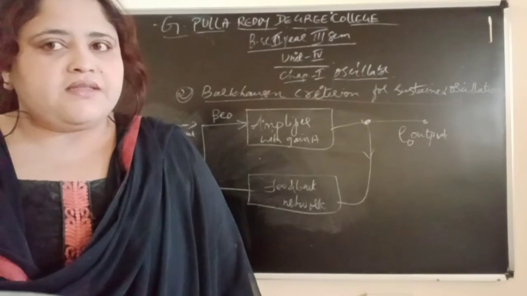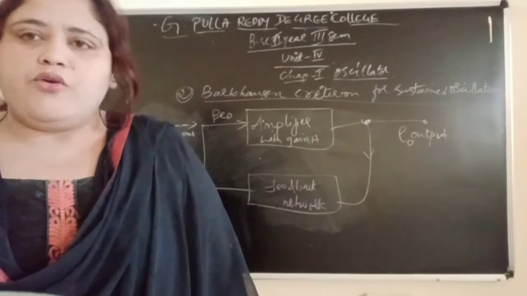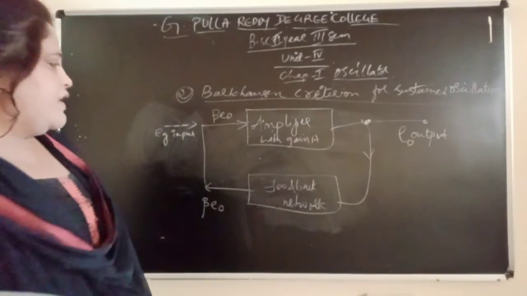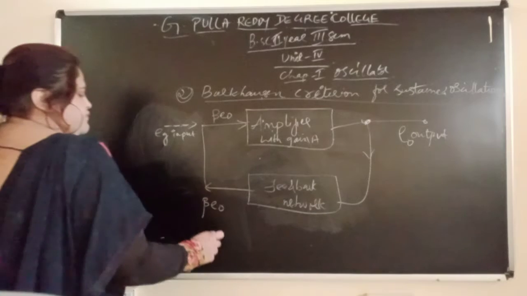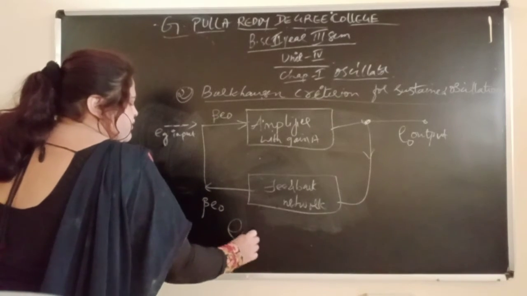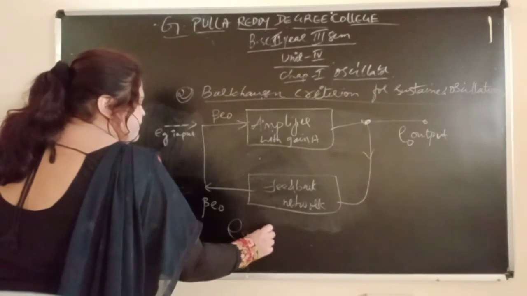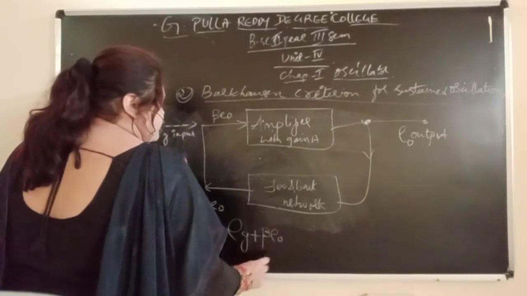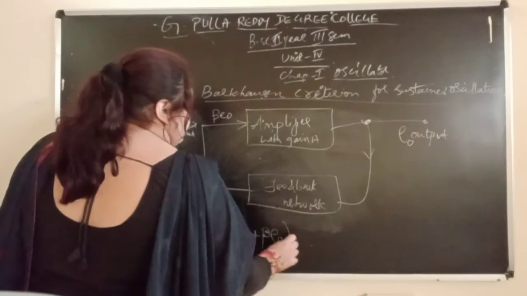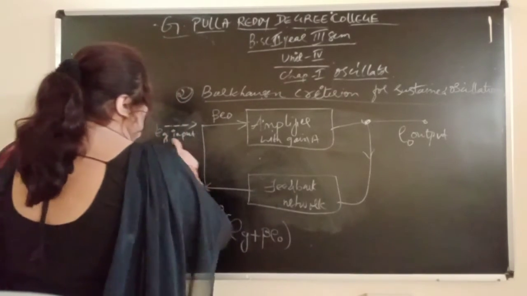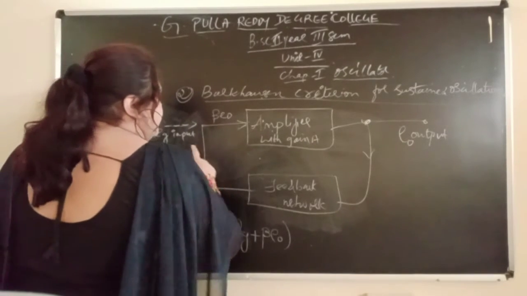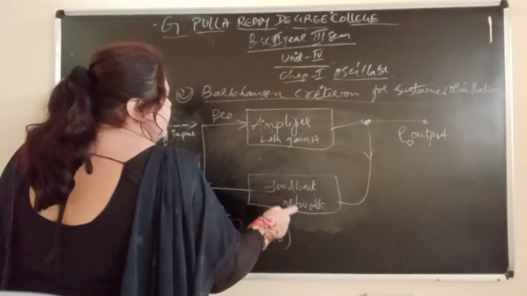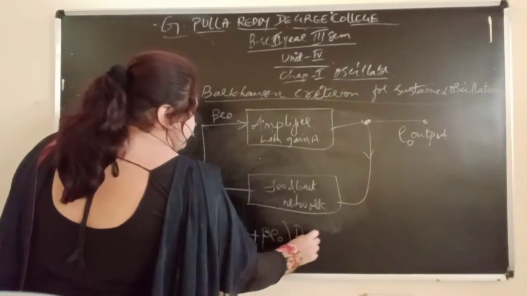For that purpose, we should calculate the output. So now what will I do? I will calculate the output. Eg plus beta E naught, this beta E naught is going here, both will add and it will be amplified A times.